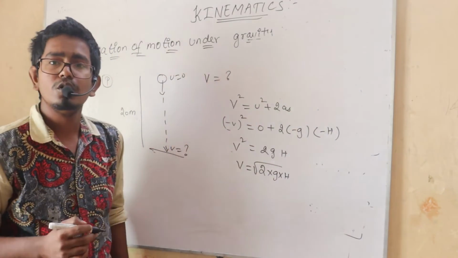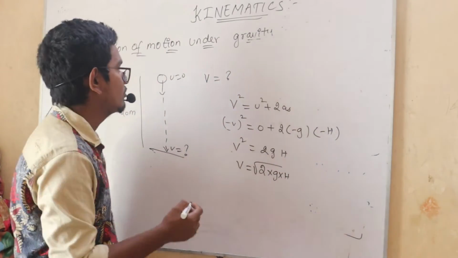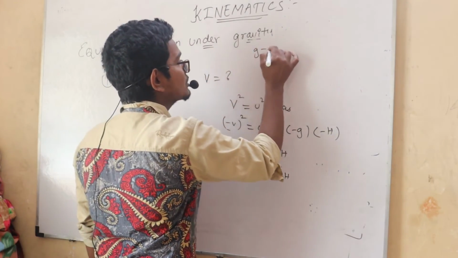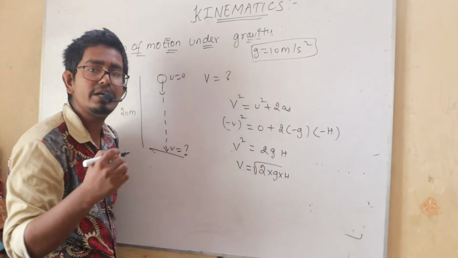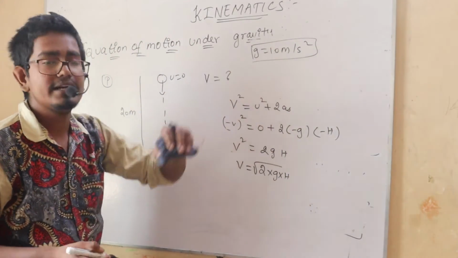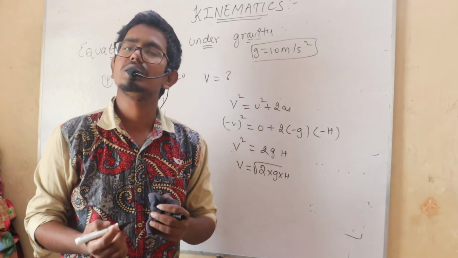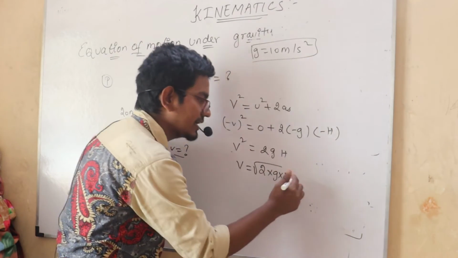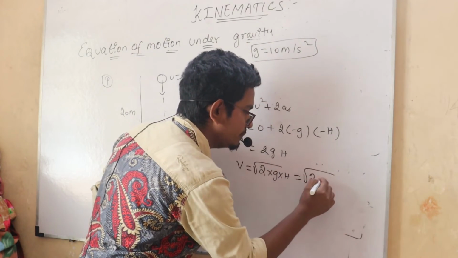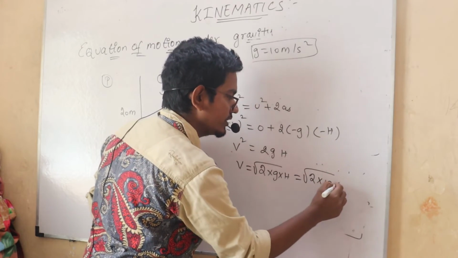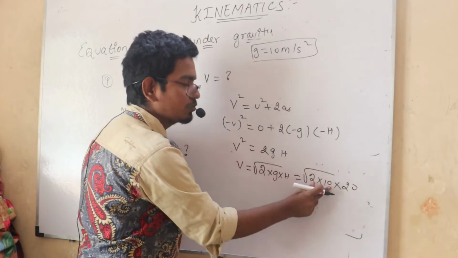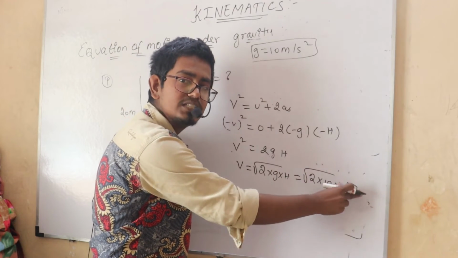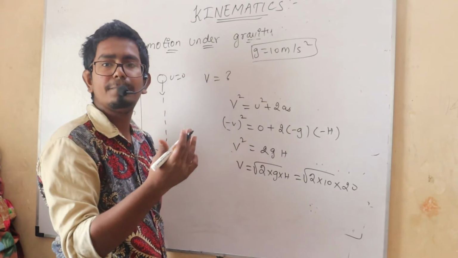We have to consider g is equal to 10 meter per second square approximately. In most problems we will use approximately 10 meter per second square instead of 9.8. So here I am considering the same. 2 into g is 10 meter per second square, into what is my height? Height is 20. Then it is 2 into 10, 20, 20 into 20. As both the numbers are the same, I can bring this out.